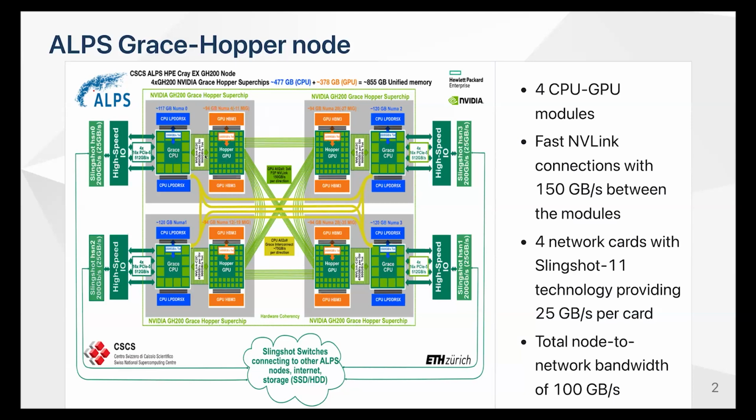Together they connect through a chip-to-chip NVLink. Each of the modules connects through an NVLink connection, which is 150 gigabytes per second per direction. We have 4 network cards, which connect to the Slingshot switches, each with 25 gigabytes per second, which gives us a total node-to-network bandwidth of 100 gigabytes per second.